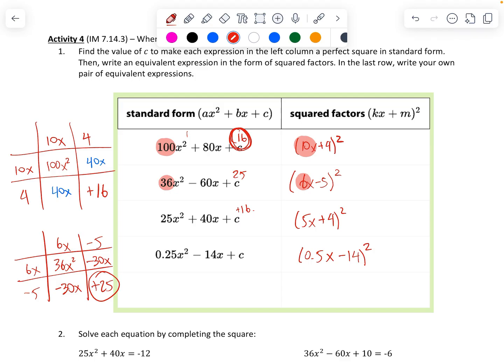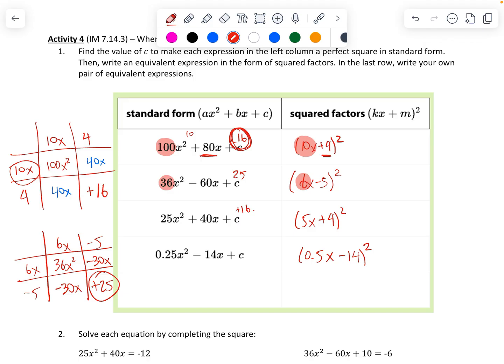So we have a 10 here. And then we know that this B value is 80. So if you divide 80 by 10, you're going to get a value of 8. And divide that by 2, and that is what is going to give you this M value, that factor.